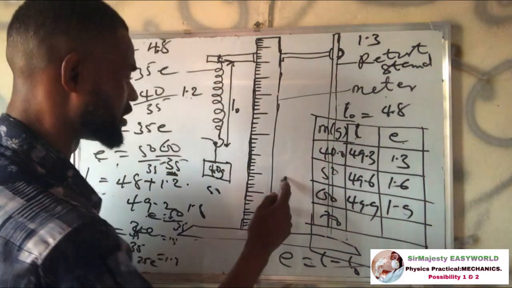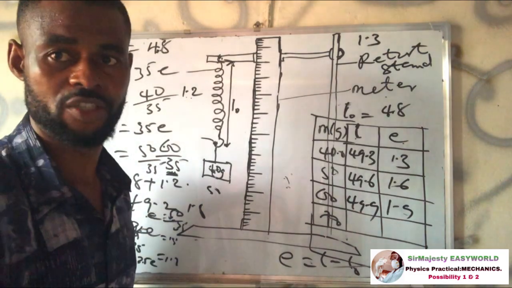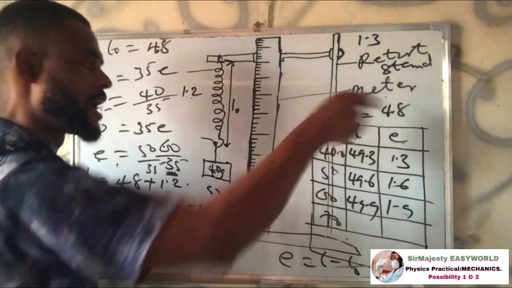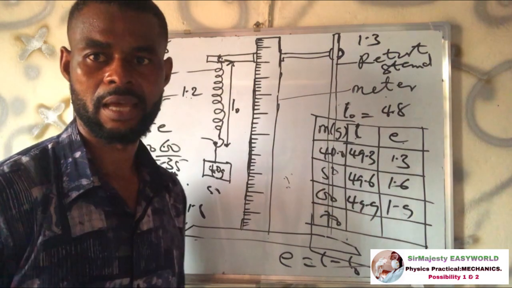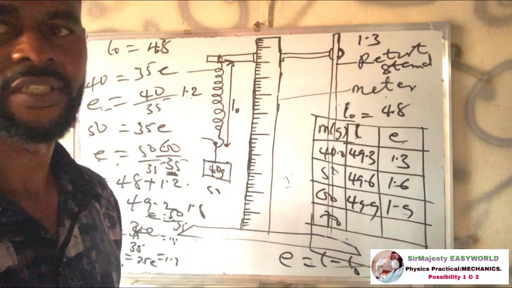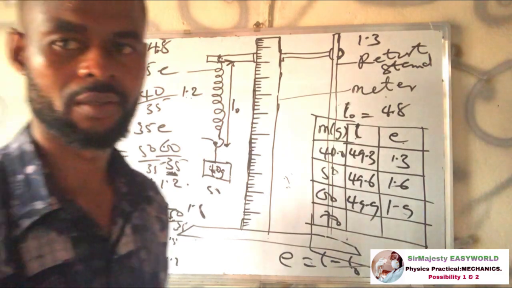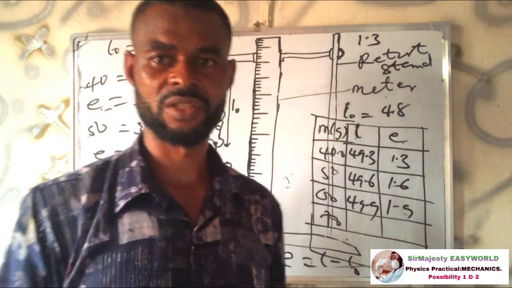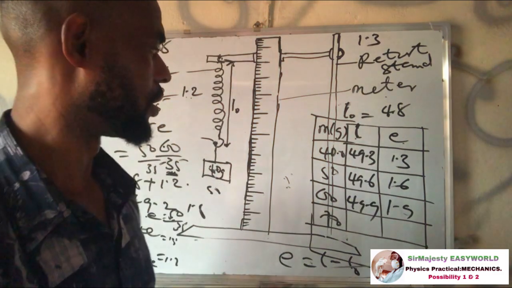After using this 35, in your graph, when you are finding your slope, this 35 will appear in your slope and it will correspond. It's a very simple thing. You don't need to start stressing yourself.